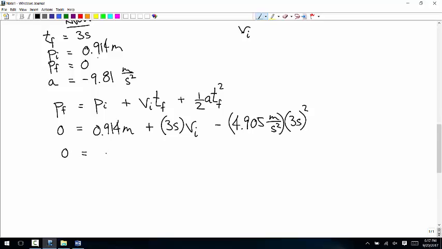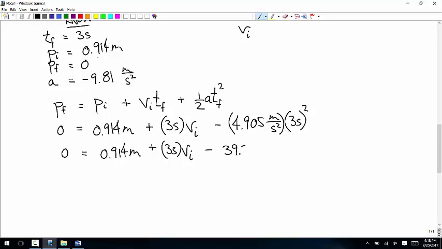So 0 is equal to 0.914 meters plus 3 seconds times V initial minus what's 9 times 4.905? No, I know, it's 39.24. Go ahead, check, if you don't believe me.